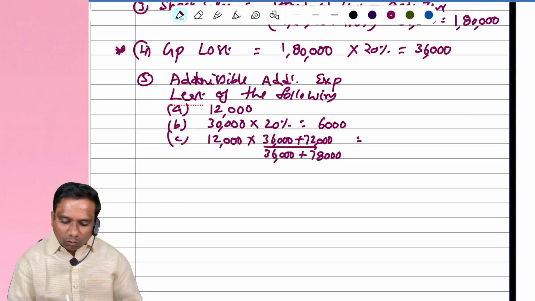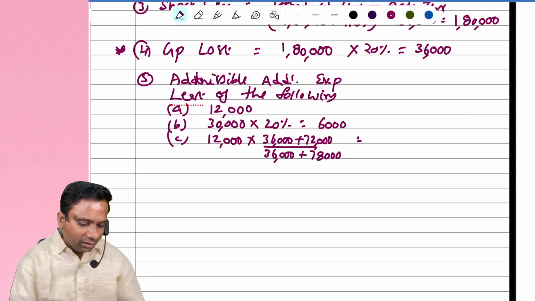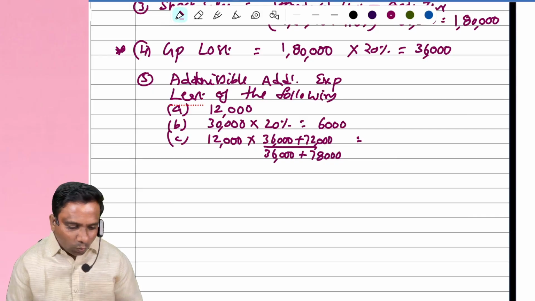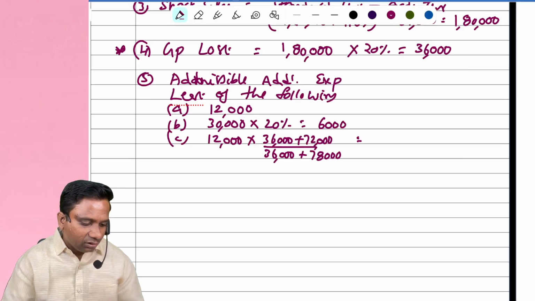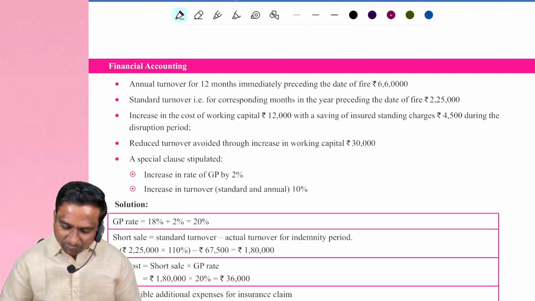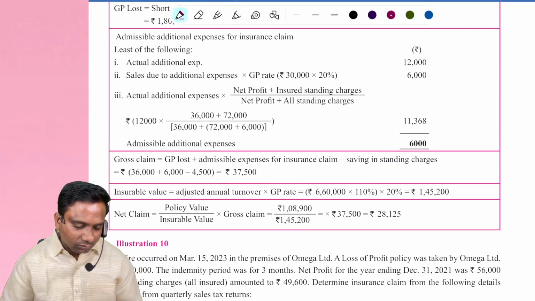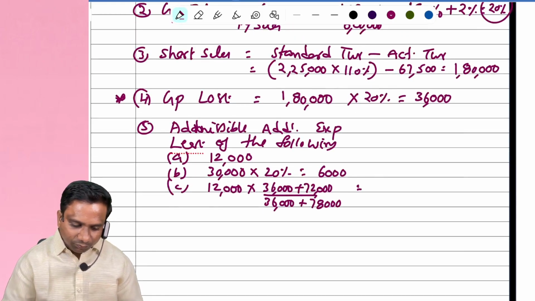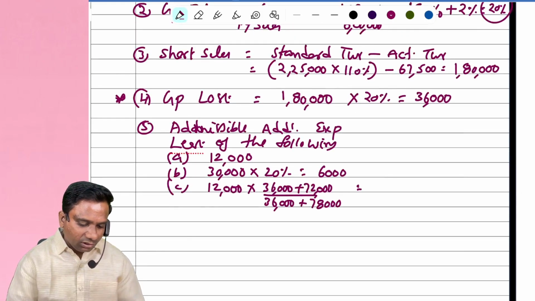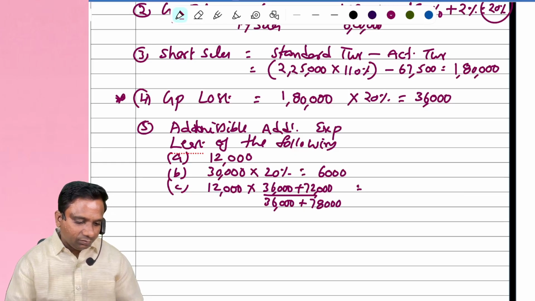Calculate the proportionate amount. How much we get? 1,08,000 divided by 1,12,000, into 12,000. How much we get here? 15,571. Check it once. Okay. 30 plus 78, 1,14,000.